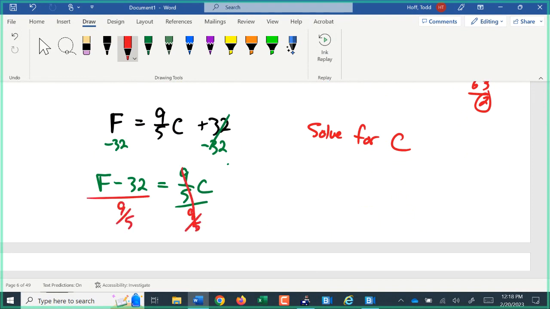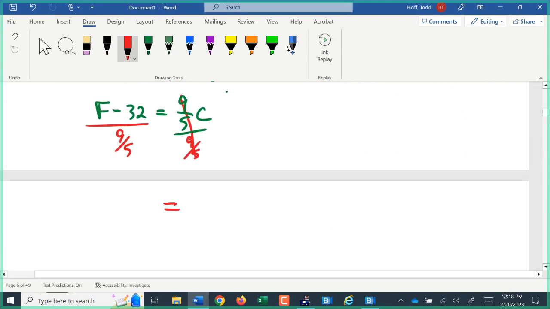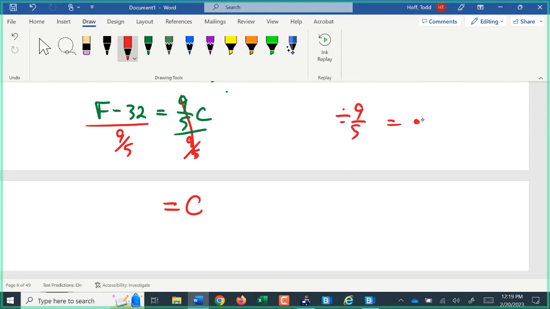Now remember, when we divide, we can divide every term. So on the right side, the 9/5 cancels out, we just have C. On the left side, F divided by 9/5. Remember, dividing by 9/5 is the same as multiplying by 5/9. So F divided by 9/5 is just 5/9 F.